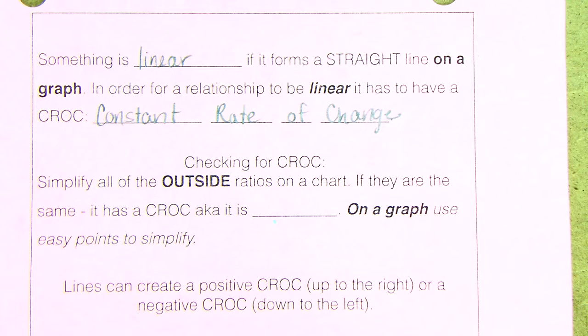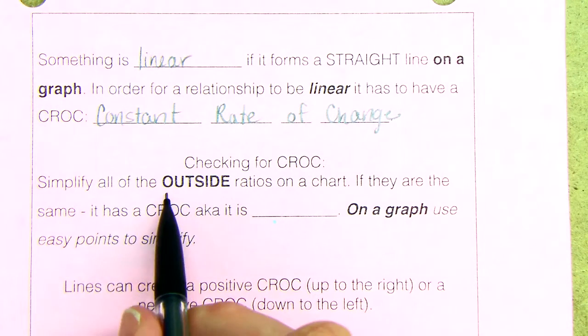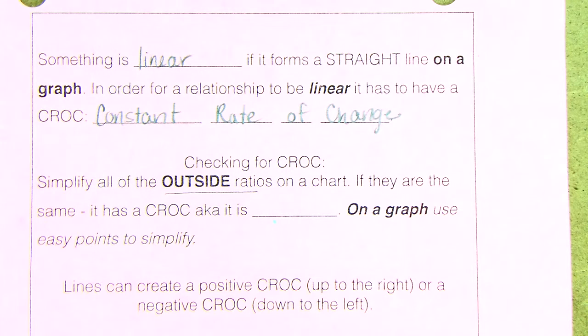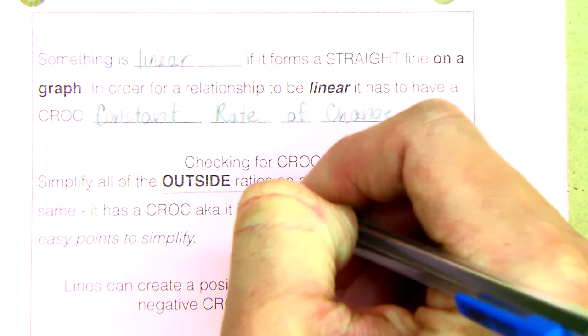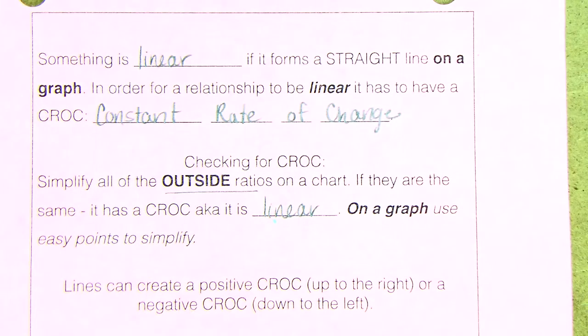But if we're looking at a chart, I'm going to talk about the outside ratios. That means, and I'm going to show you, we're going to count how many the X changes and how many the Y changes every time. And if it has a constant rate of change, aka it's linear, okay, on a graph, we're going to use 2 points.